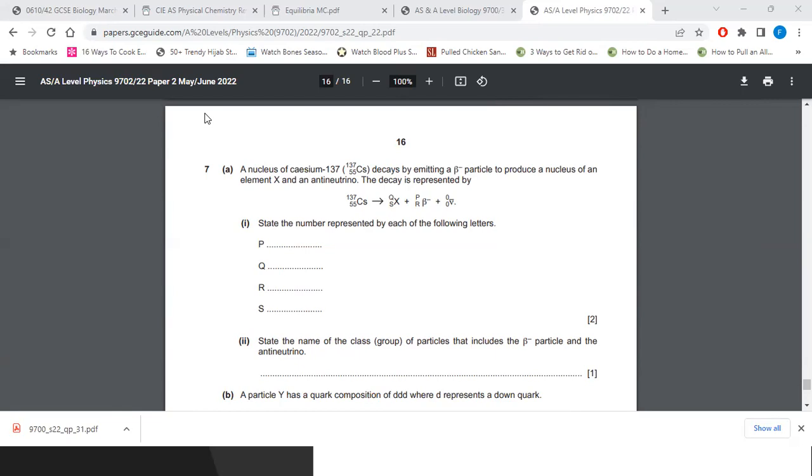Beta minus has, it will be 0, because it would stay unchanged, I think.